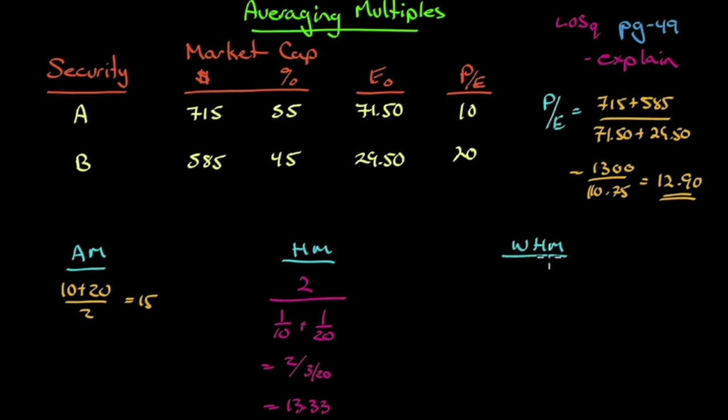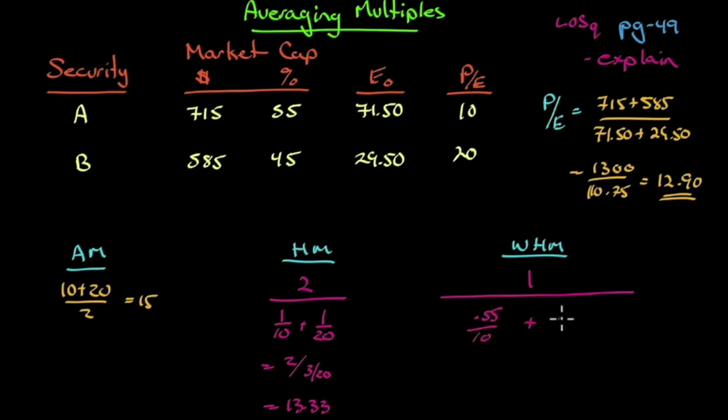Let's do a weighted harmonic mean now. A weighted harmonic mean, the numerator is just 1 over, and instead of 1 over 10 or 1 over 20, it is the weighting. So it's not a full 1. Our weighting here is 0.55. 0.55 over 10.